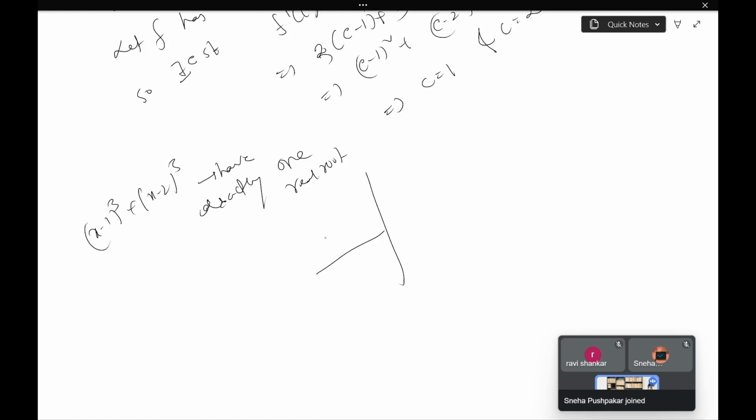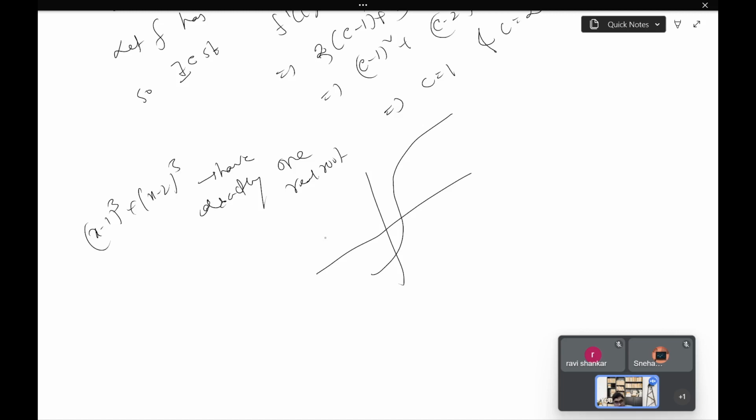This means this curve cuts the x-axis exactly one time. So geometrically this is it. Understand? Yes, sir. It will cut the x-axis only once.